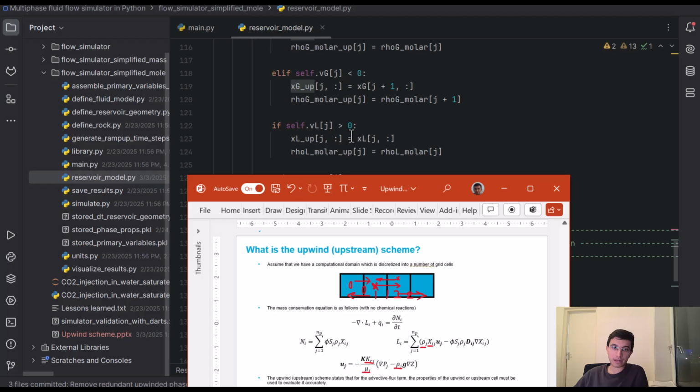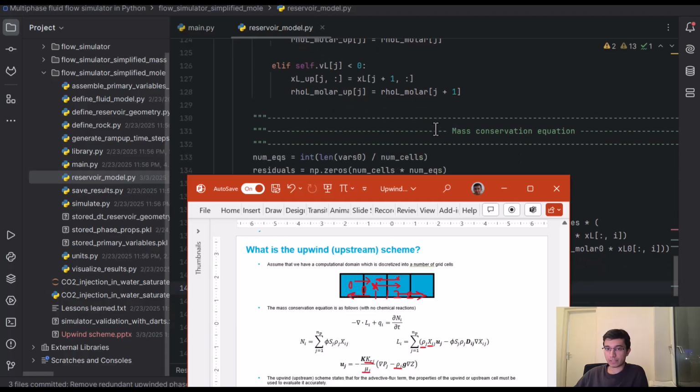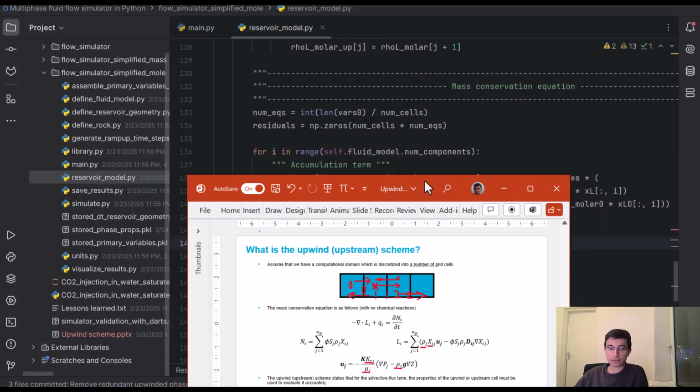And we also have the same things for liquid, all right? For the liquid phase, which I'm not gonna repeat here. So this is how we apply the Upwind scheme to these two variables, phase density and x.